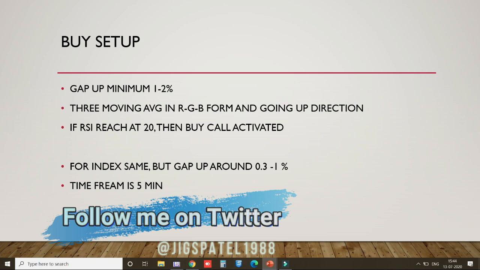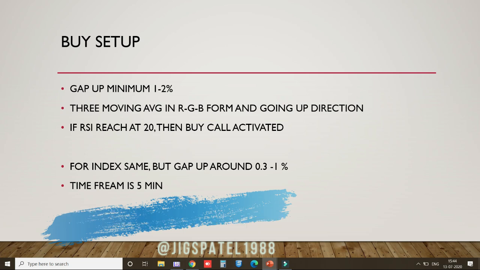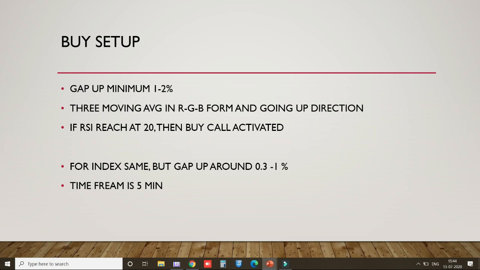The stop loss is always 1% from the buying price, and your minimum reward is 1%, and you can trail your stop loss to get the maximum return from your trade. But if you have put a 1% stop loss, when your trade is 1% in your favor, you must trail your stop loss to cost.